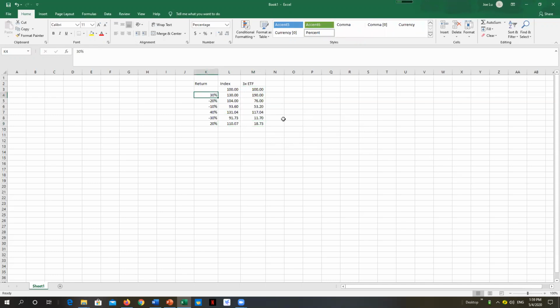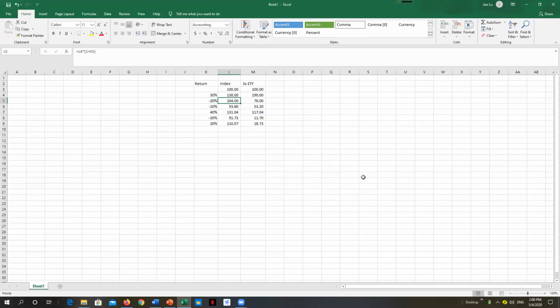In the first period, you made a lot of money. 30% return on the index gives you a 90% return on the ETF, so your value has gone up to $190. Now there's a relatively mild change, which is minus 20%.